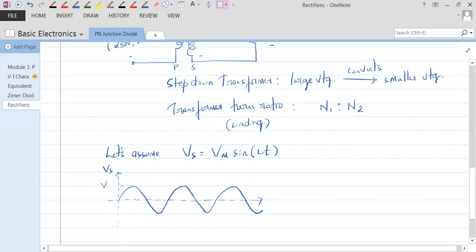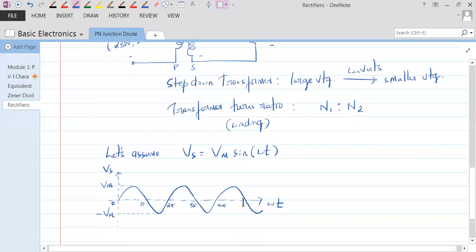This is the maximum amplitude Vm. Good. What is this? This is minus Vm. So this is 0, pi, 2 pi, 3 pi, 4 pi, and so on. This is your omega t.